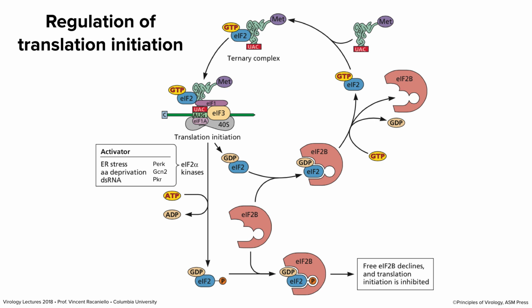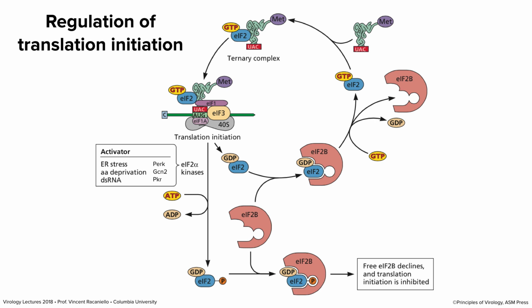In our cells, there are a number of different protein kinases that will phosphorylate a subunit of EIF2 and prevent this recycling reaction. And here's the phosphorylation of EIF2 shown at the bottom. So we have GDP EIF2.